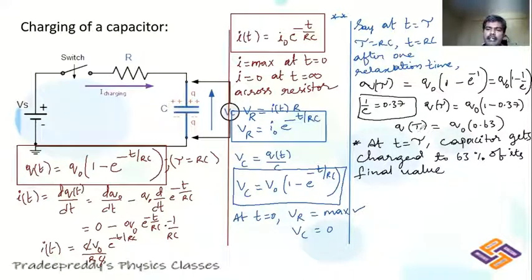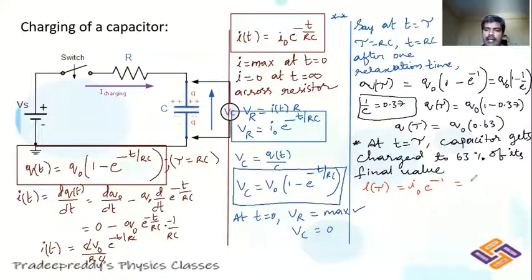Similarly, you can take t is equal to tau in the expressions for V of R, I of t and V of C. You can just substitute that over here. So what do you get in the case of I of tau? I of tau is equal to I naught into e power minus 1.